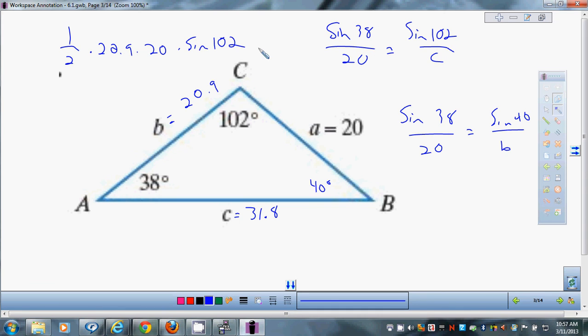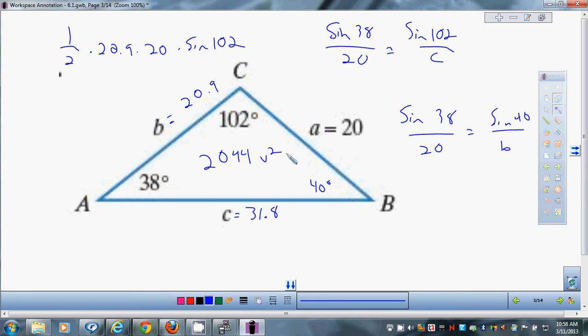So somebody punch that in. Tell me what you get. 2,000 and what? Units squared. Very good. I assume that's right. I didn't work it, but it wouldn't matter what we chose, we would get that. Really? That seems... Oh, no, that is right. Is it? It does seem kind of high.